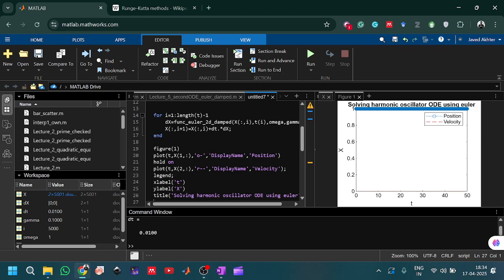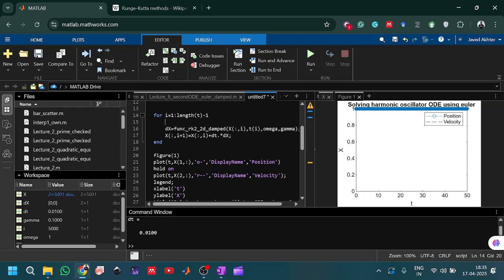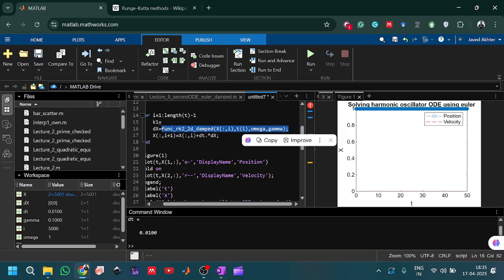Here you also have to change RK2. So how will you proceed here? You need to define this K1 and K2, as you did earlier. K1 is basically this function evaluated at this point.